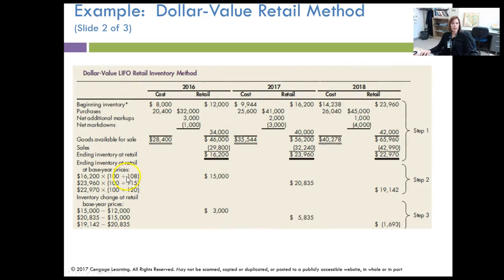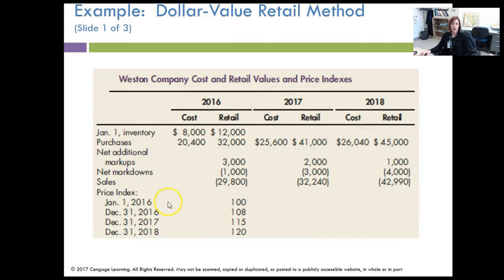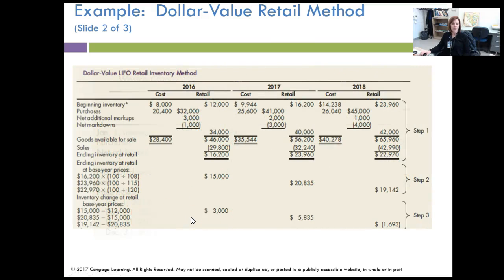And so we have a ratio of the base year to the current year, and we multiply the ending inventory by that. So for 2016, that gets us to 15,000. This was the beginning of 2016, and this is the end of 2016. And then we've got the end of 2017, the end of 2018.